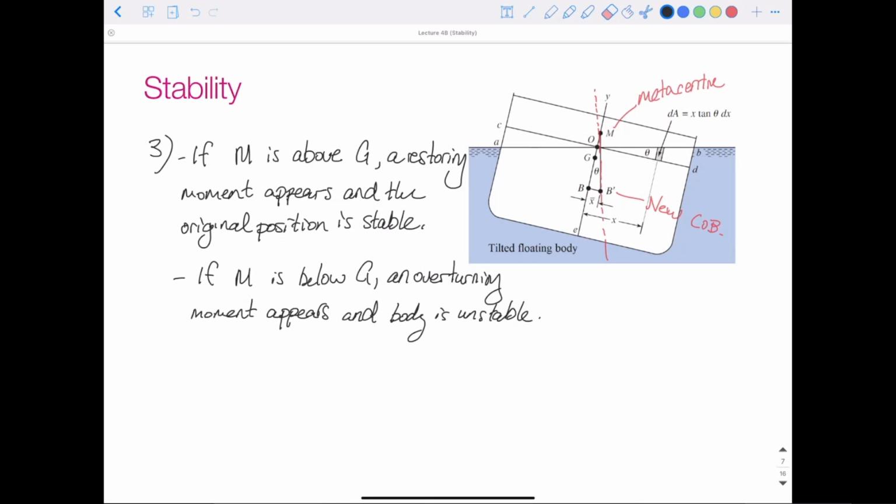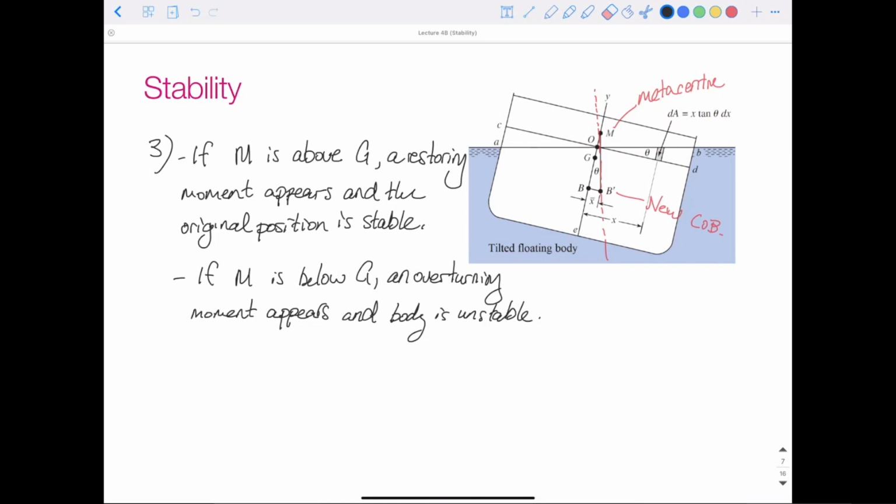So that's basically our steps. We have our shape. We're going to calculate the center of mass and the center of buoyancy. We're going to tilt it slightly, for some small change in the tilt of the vessel, and then calculate the new center of buoyancy.